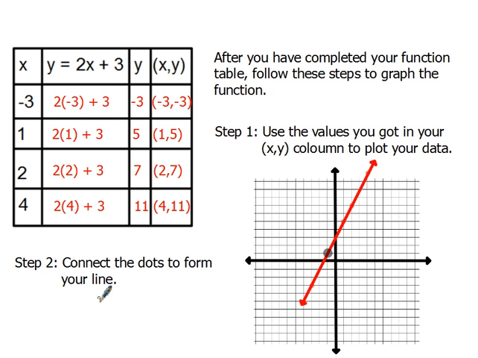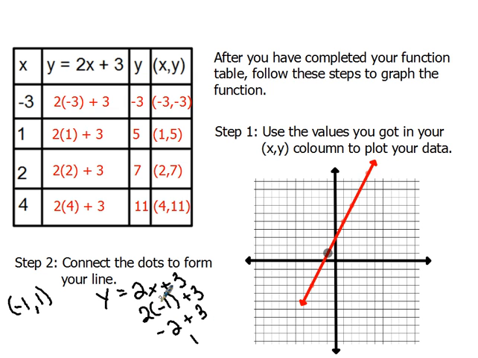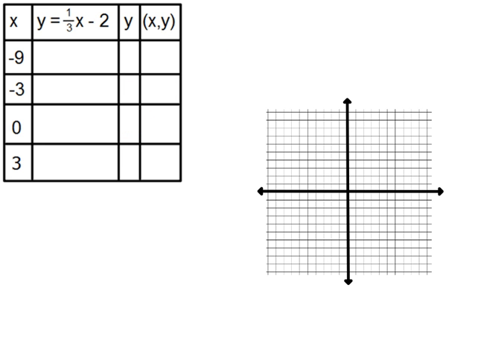If I have y equals 2x plus 3, then whenever I plug in a -1 for my x, I should get a 1 out, because that's what my point is. So 2 times -1 is -2, plus 3 is 1. When I plugged in a -1, I got out a 1. So that's how that works.